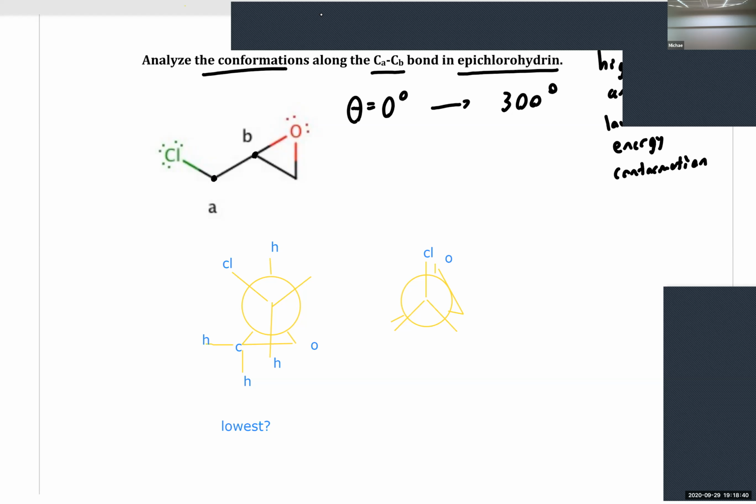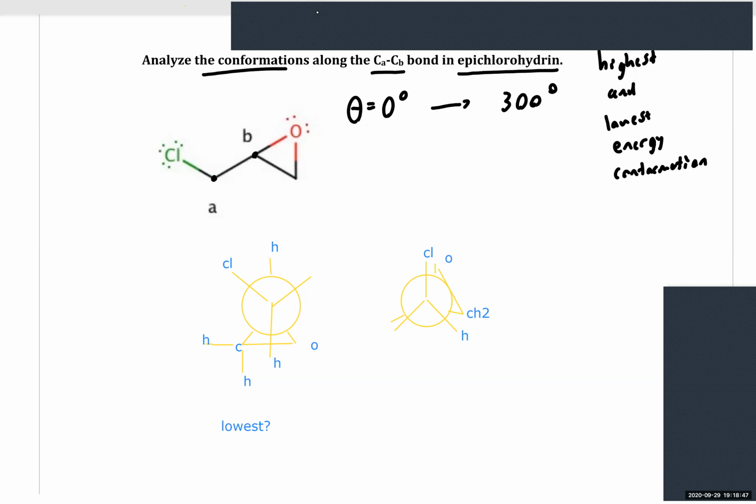And what I would like everyone to focus on is systematically just rotating 60 degrees at a time. And that will allow you to potentially catch and notice structures that you may not have noticed otherwise.